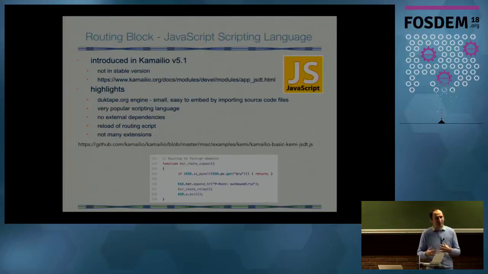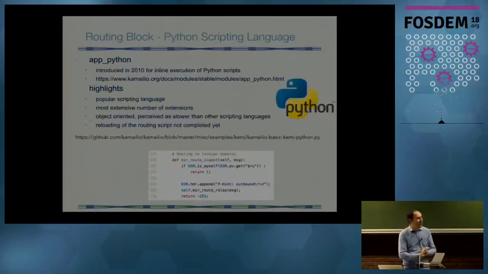So practically you don't depend on an external library. You can just take Kamailio, compile it, and you have this JavaScript, which of course gives you more flexibility in the operation, plus reloading, which is one of the desired features inside Kamailio.